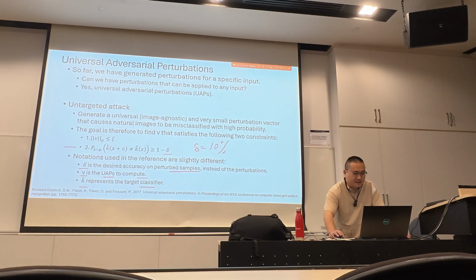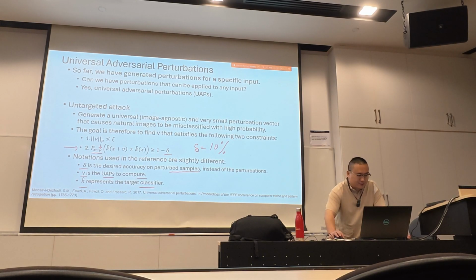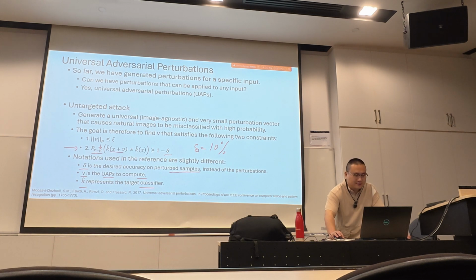Let's look at the second constraint. X is the input image, which we extract as an arbitrary image from a distribution, mu, which represents the distribution of the image domain. What we want is to apply the perturbation to the image so that we change the prediction. When we apply the perturbation to the image and pass it to the model, the model will make a different prediction.